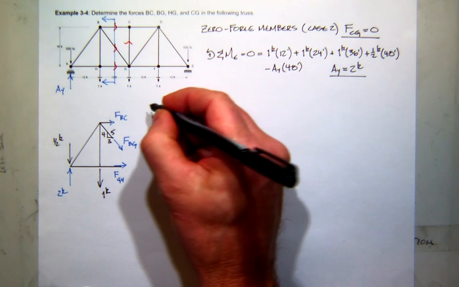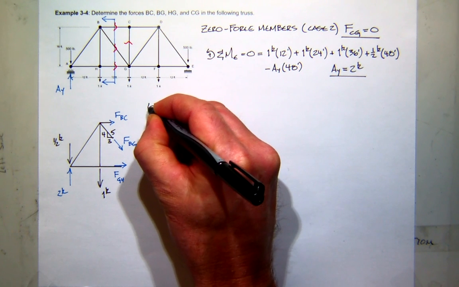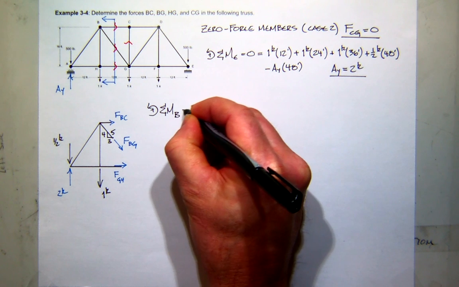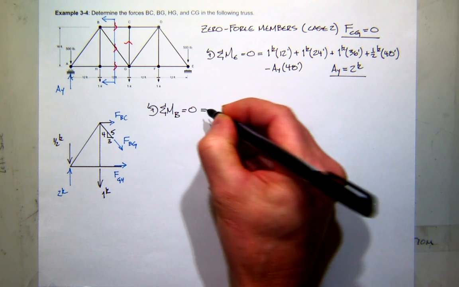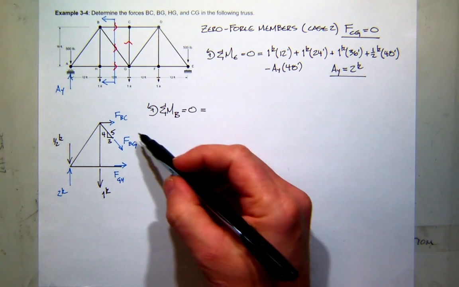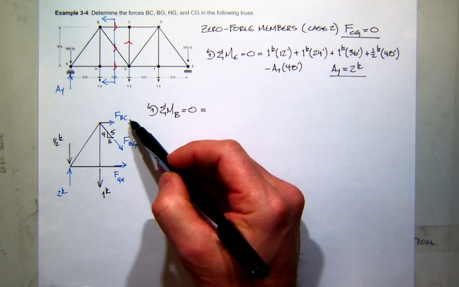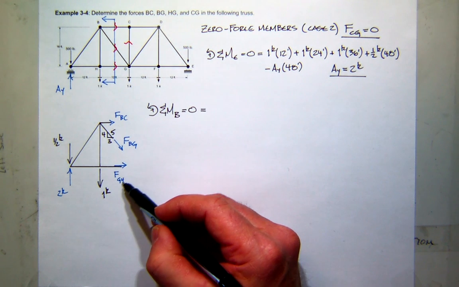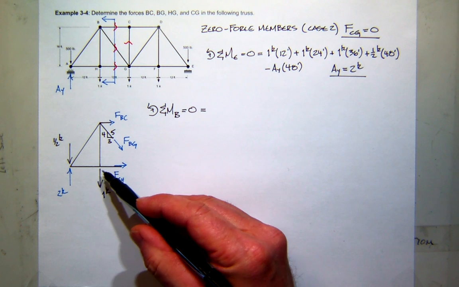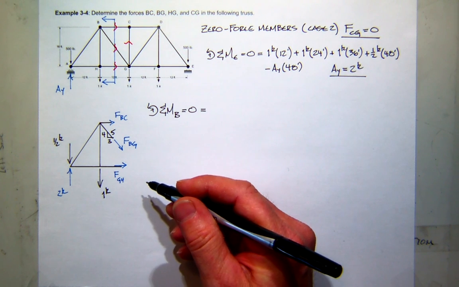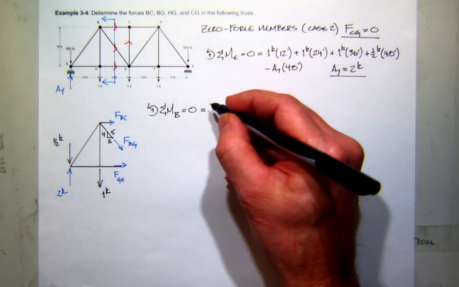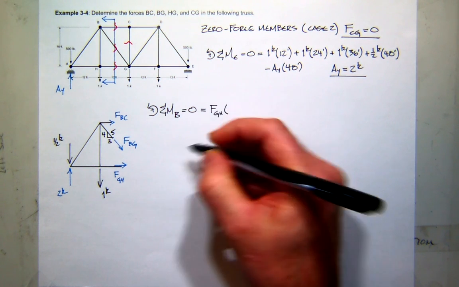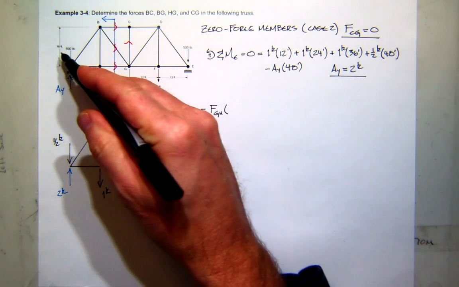So let's start there. So I'm going to sum the moments about B and make sure it's in equilibrium. So looking at B, well, obviously BC and BG pass through B. They create no moment. So let's look at GH. Does that create positive or negative moment about B? It's positive. And what's the moment arm? It would be this height, which is 16 feet.